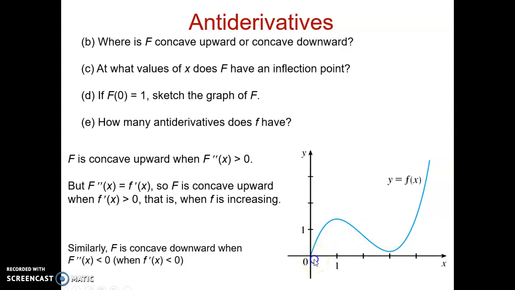So we can say from 0 to 1 and from 3 to infinity, little f, which is a derivative curve, is increasing. If the derivative of capital F is increasing on those intervals, then we know that that's where capital F must be concave upward.